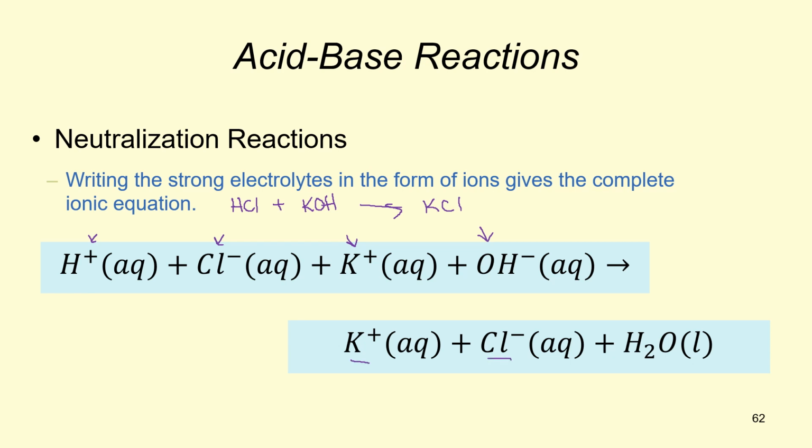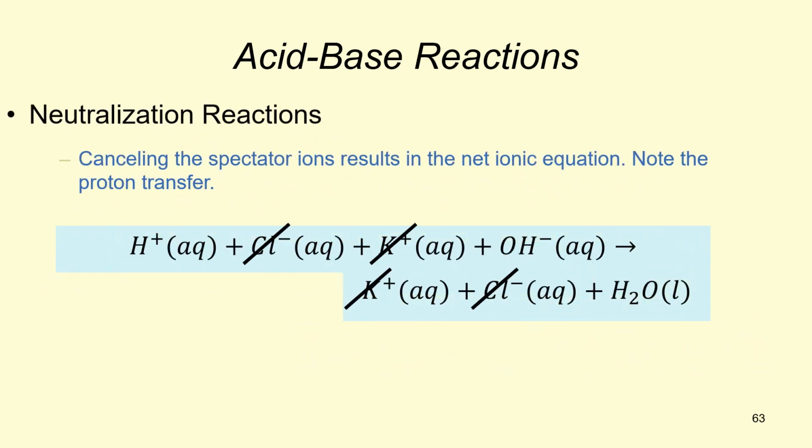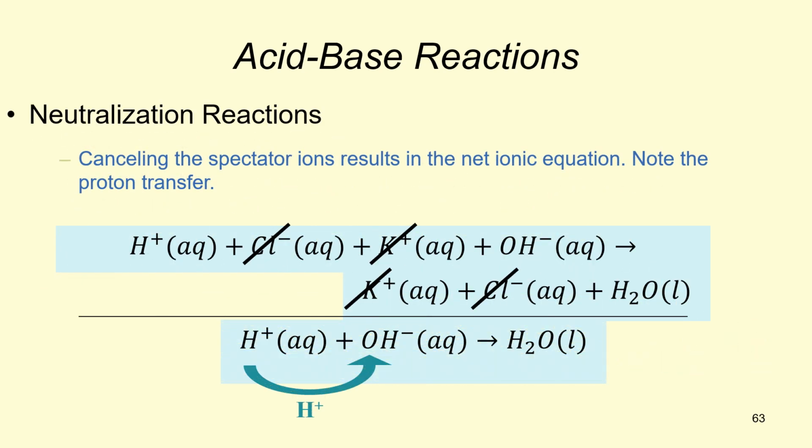And then the H and the OH give me water, and that does stick together. So my net ionic equation, when everything cancels out, will be the essential equation, which is the neutralization. Hydrogen ion plus hydroxide ion gives me water, and that's the neutralization. It's technically a proton transfer. The H plus is moving over.